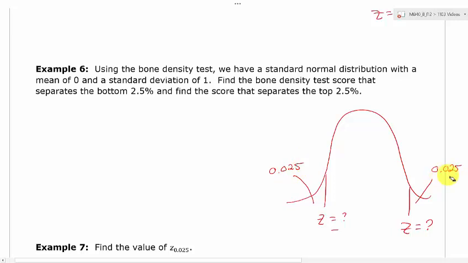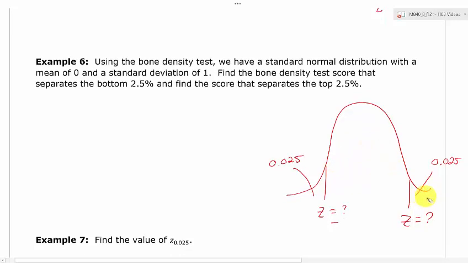For this one, I'm going to use my table again. Remember the total area under the curve is equal to 1. This area here is 0.025, but the table always gives me less than, so my table is going to give me from this line off to the left.